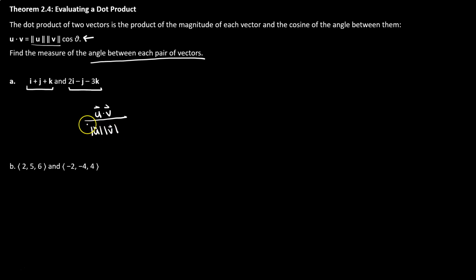And that would be equal to cosine theta, but to solve it for theta, I would use cosine inverse on this ratio. So to find the angle between these two vectors, maybe I'll call this vector u and this vector v. All I need to do is compute the dot product between them, then the magnitude of each one, and then I'll plug that ratio into cosine inverse to calculate the angle.